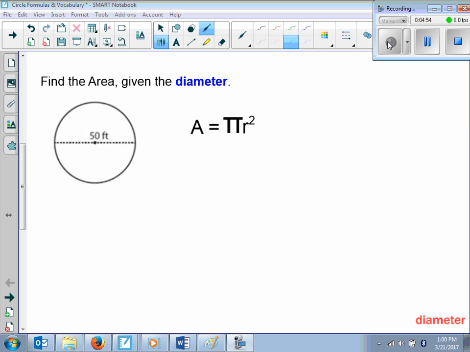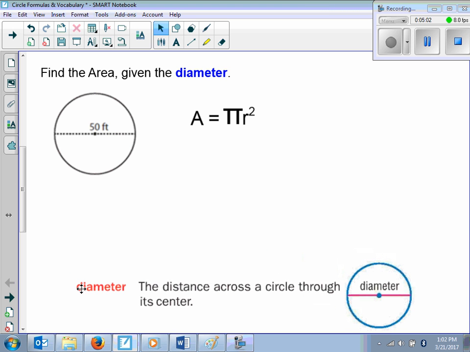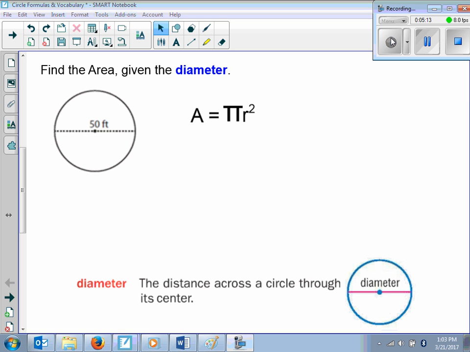So here we want to find the area given the diameter. So the diameter is the distance across a circle through its center. Make sure you write down that definition and draw your diagram. So now we've written our formula, right?